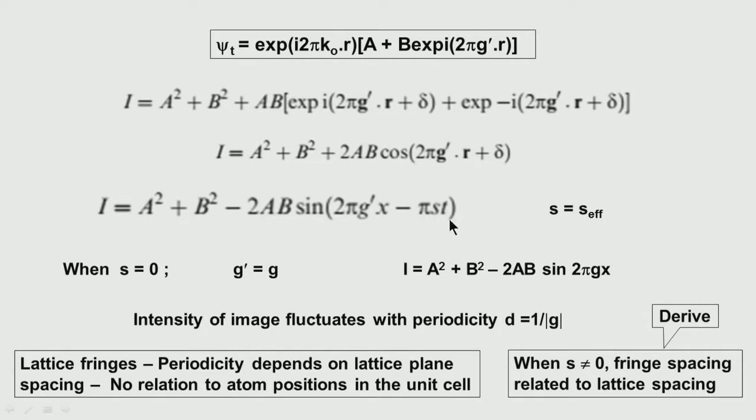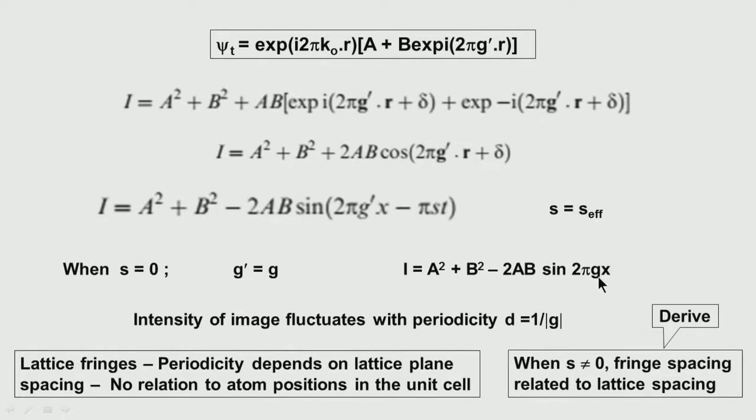Let us take the case S equals 0. That means the diffracted beam satisfies the perfect Bragg condition. In that case, this is how the expression turns out to be. Now, we can make out that the intensity is going to fluctuate as a function of g.